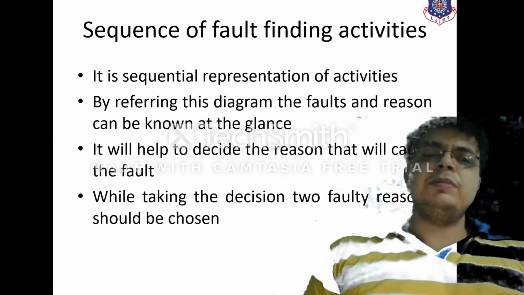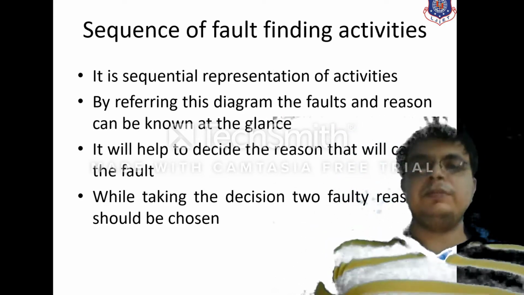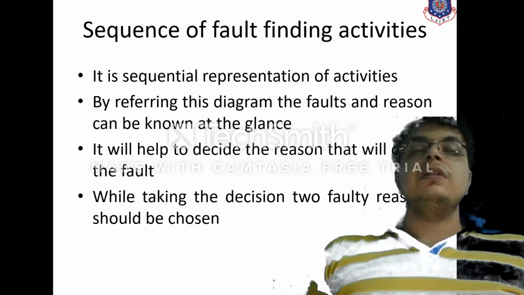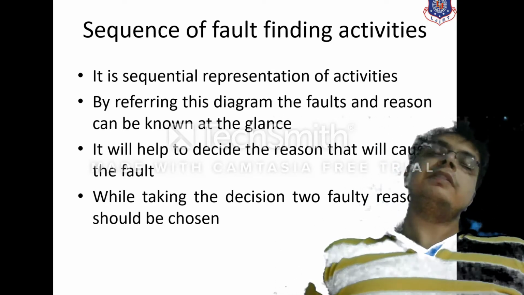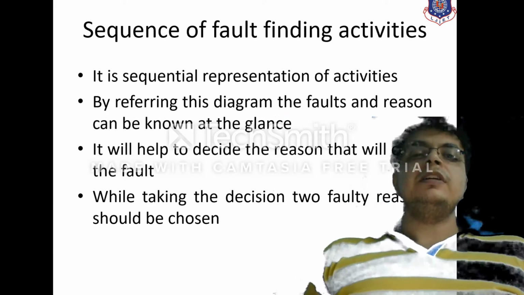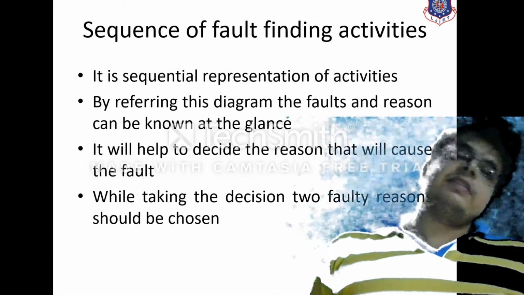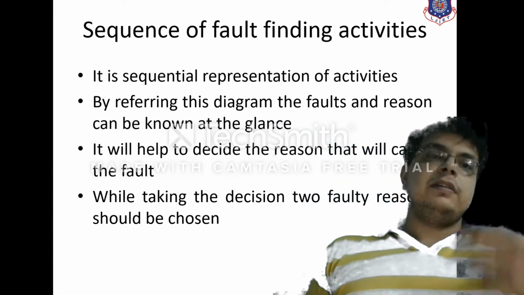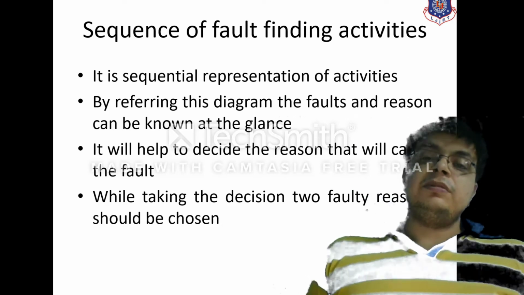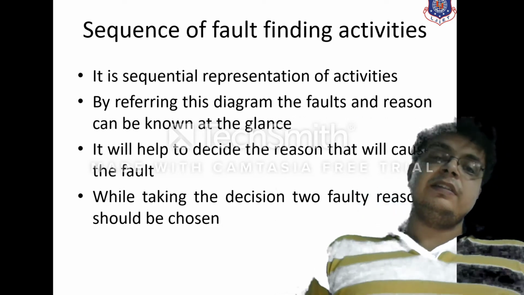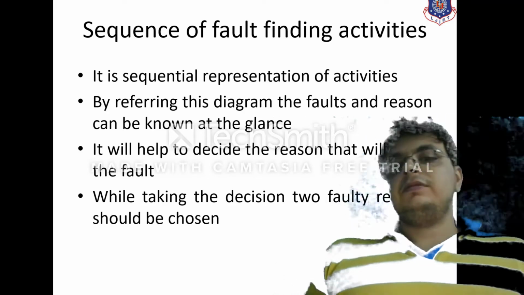How is the sequence required to be made? We already discussed how the sequence should be made. Basically, it should represent all the activities. The activities should be listed in the proper sequence, in such a way that by referring to the diagram we can get to know the exact fault and the reason that can be found.